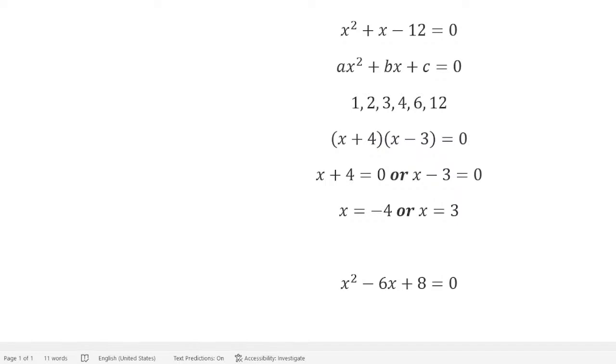One minute remaining. All right, 30 seconds remaining. 20 seconds.